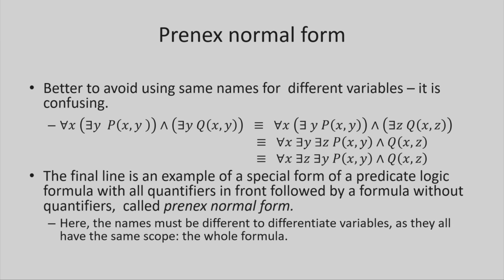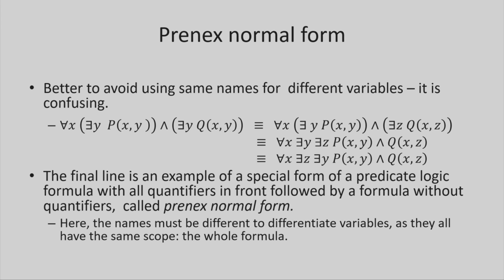So often, at least computer scientists take the formulas and convert them to a special form which takes away the ambiguity, called prenex normal form. First they give every variable a different name. That already takes care of a lot of confusion. Now the second variable in P is called Y, and the second variable in Q is called Z, and it's clear that they refer to potentially different things.